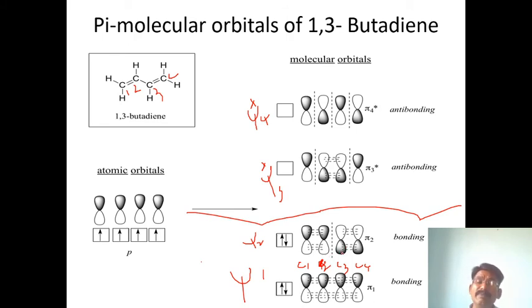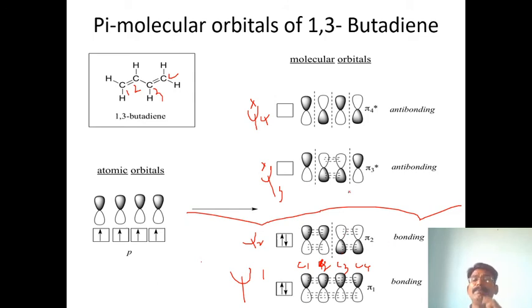So one node is present, meaning one anti-bonding is there. So one anti-bonding and 2 bonding are there. So this is also a bonding level, meaning more bonding is there. So 2 bonding, 1 anti-bonding, 1 node here, while in Psi 1 there are 0 nodes.